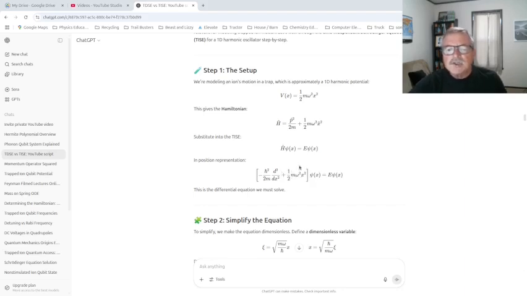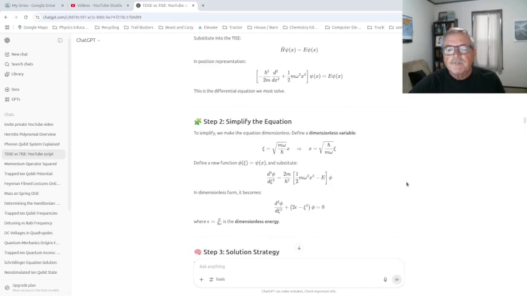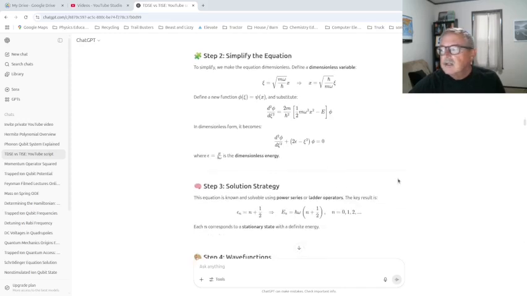According to this text, we're going to do something which makes no sense when you first look at it. We're going to simplify the equation by introducing another variable. Now, how can you simplify if you introduce another variable? But this variable at least has things that we already know about.